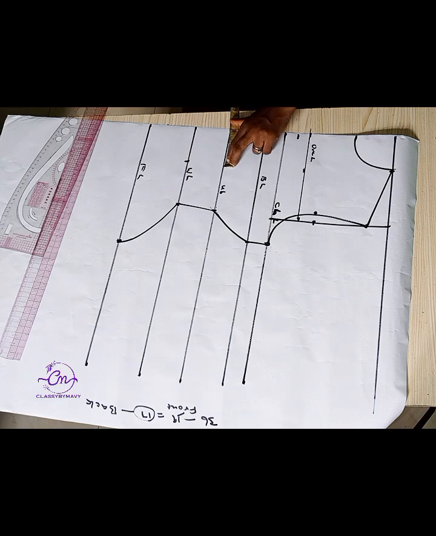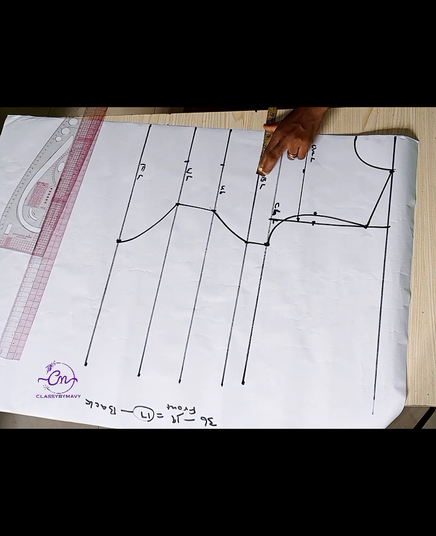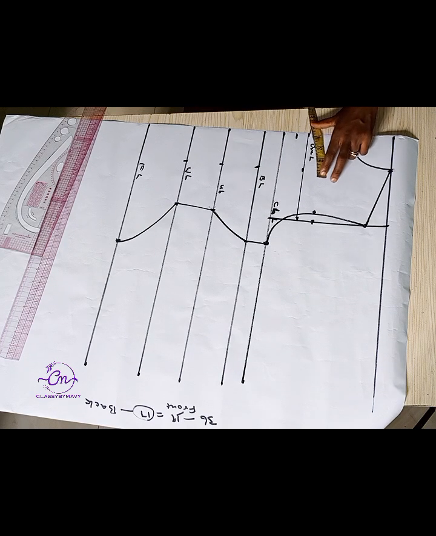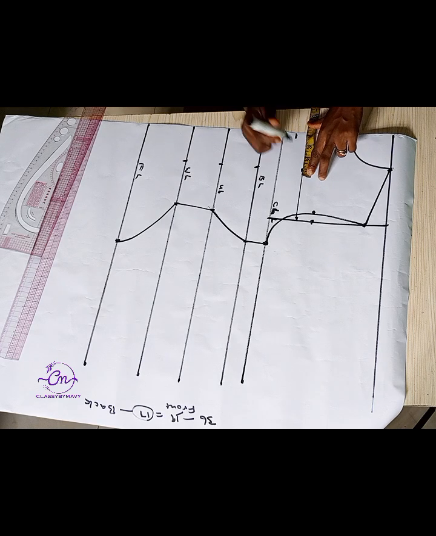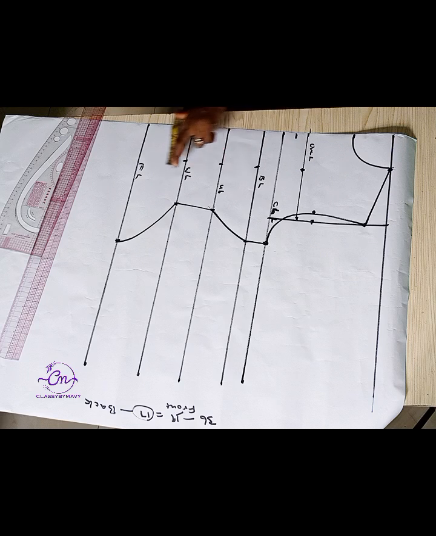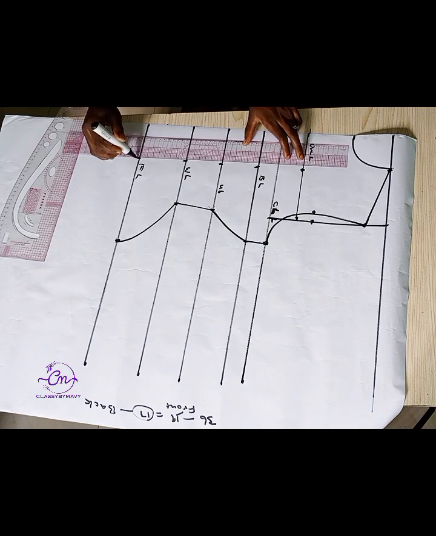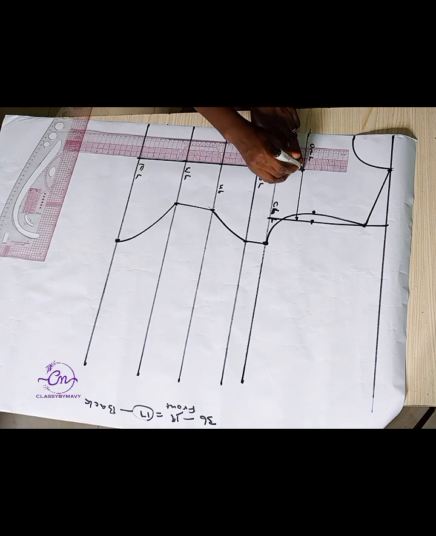On the under bust, I will also mark this 3 1/4. On the bust line, I'll also mark the 3 1/4. I'll come over to the overbust line and still mark my 3 1/4. Then I'll come to the arm and mark my 3 1/4. Okay, so I'll just insert one straight line to go across all these points like this.